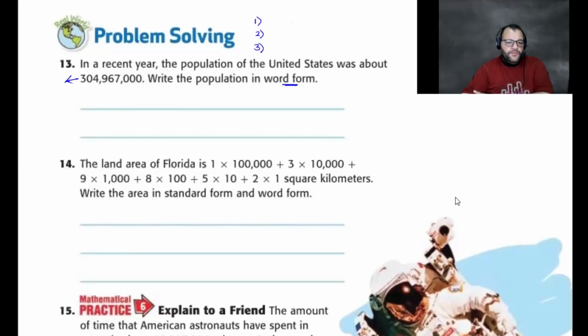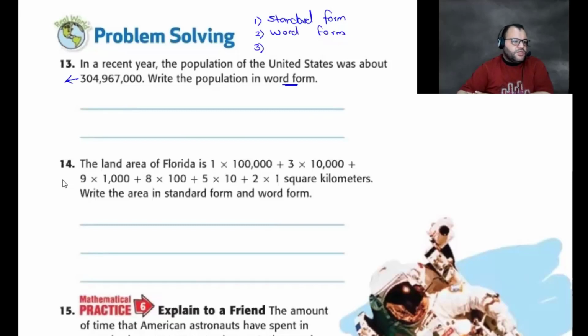Ibrahim, yes, the form of this number is standard form. In standard form, we use the digits to write the number. Then we have another form, which is word form, where we use words to write the number.